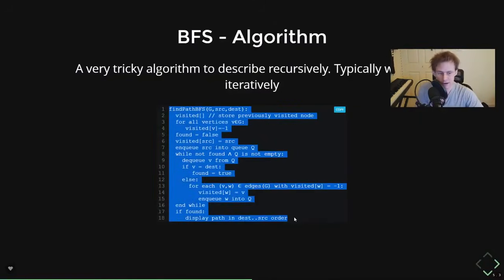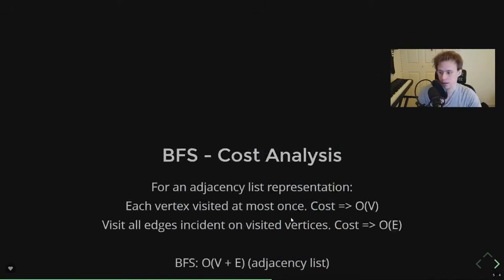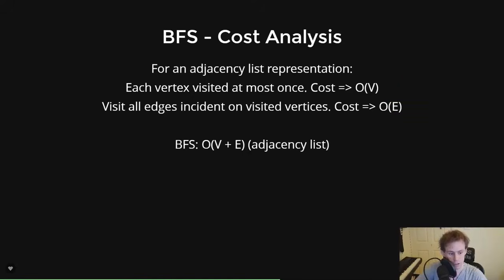It looks scarier than it is, but once you understand the flow of things, it's actually a very straightforward process, I think. In terms of complexity of a breadth-first search, the complexity depends on the graph implementation, because some graph implementations are quicker to do certain things. In this course, we've used the adjacency list as the representation we're testing this on.